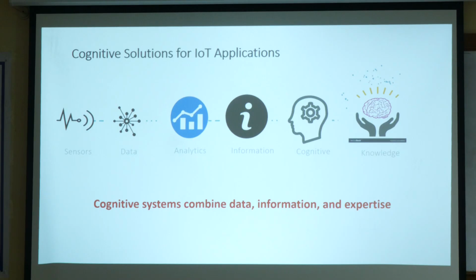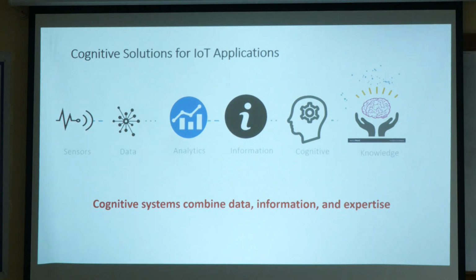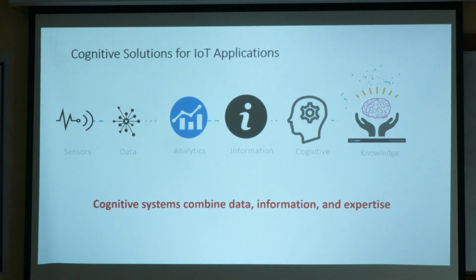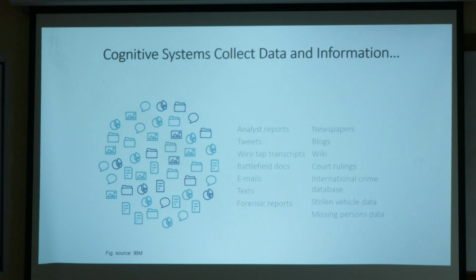The cognitive solutions for IoT applications involve many things like sensors, data, analytics, information, cognitive behavior, and knowledge. And when they combine a couple of them together with the expertise, of course, we call it a cognitive system.